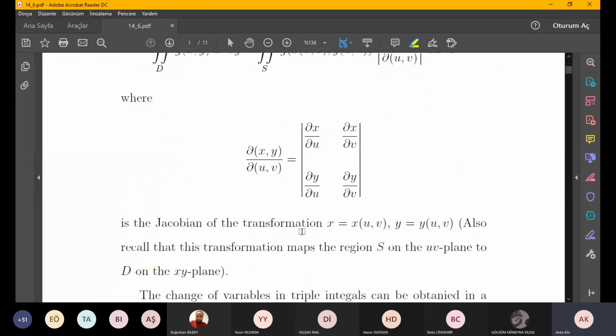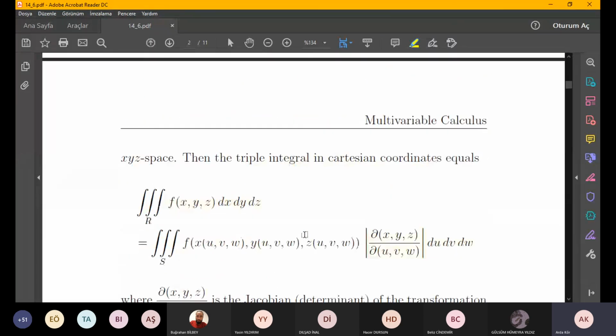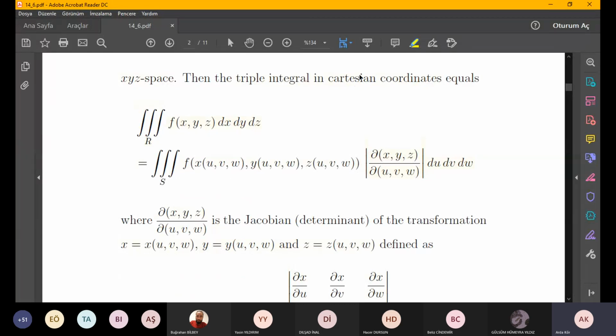That is, compute the Jacobian determinant and write the function in terms of the change of variables that you have. And for the last step, you need to find the limits of integration, and then you can change the integration order to compute the triple integration, or integration in general, in an easy way.